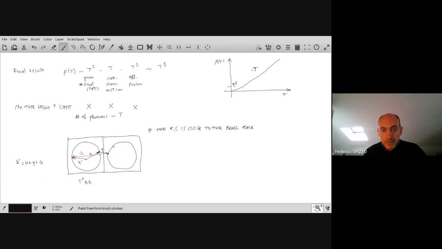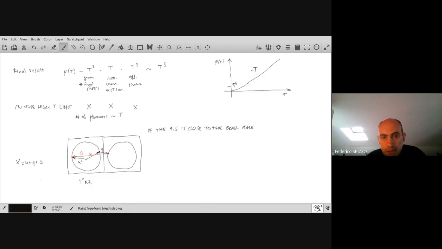And an important feature that we have in this specific situation is that even if the change here in the wave vector of the electron, even if the variation of the wave vector is small, because in the low temperature limit, q is expected to be small.